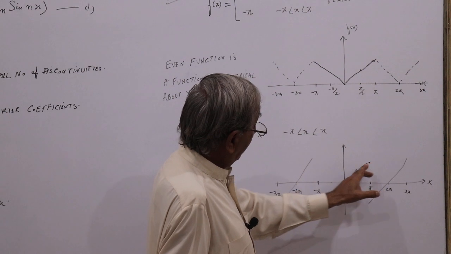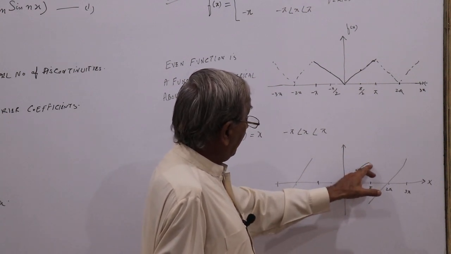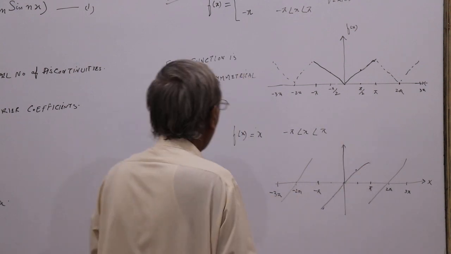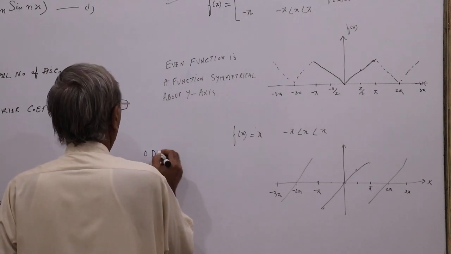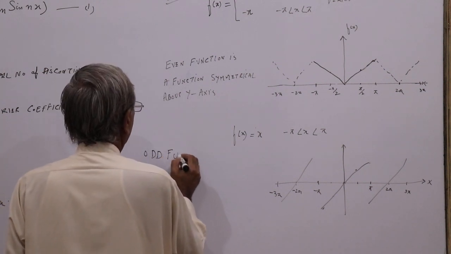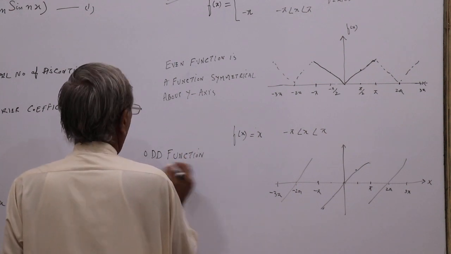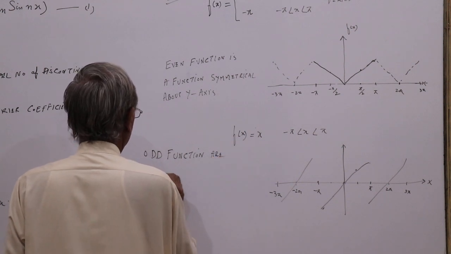Now this is symmetrical about the origin. Okay? This point is reflected here and this point is reflected here. So this is an odd function. Okay? Odd functions are symmetrical about the origin.